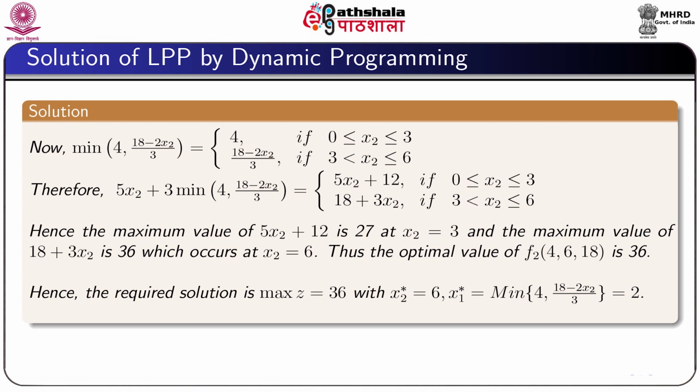Hence, the optimum solution is max z equal to 36 with x 2 star equal to 6 and x 1 star equal to the minimum of 4 and (18 minus 2 x 2) by 3. If we put the value of x 2 here, we find the minimum as 2. So, x 1 star equal to 2.